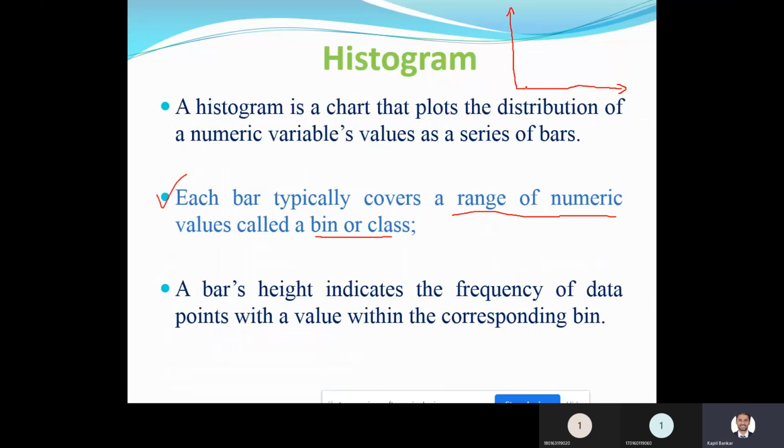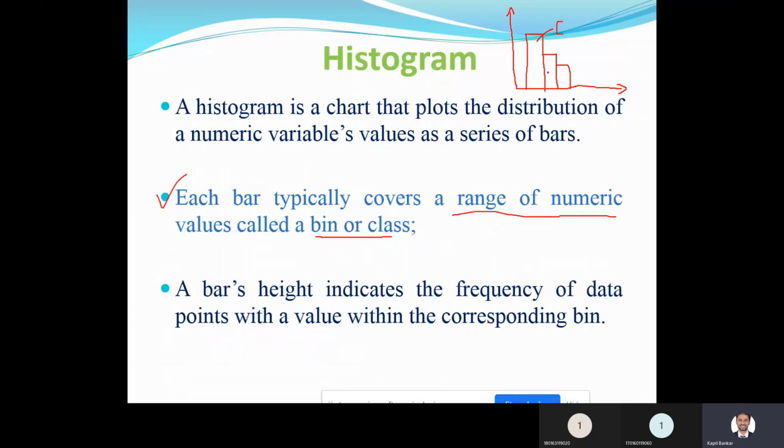Here, suppose you have plotted the data according to your samples. Different samples are there. Suppose these are some bars, according to this numerical range or numerical value. So these bars are called bins or classes.